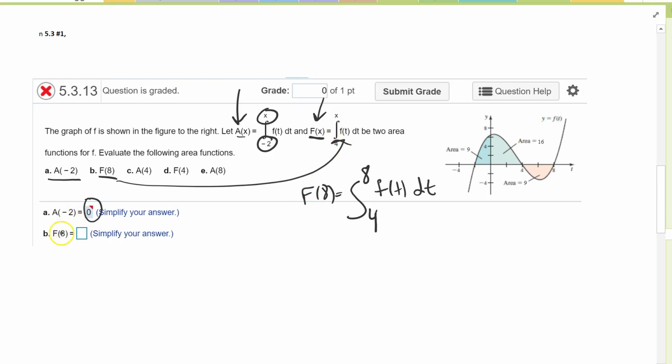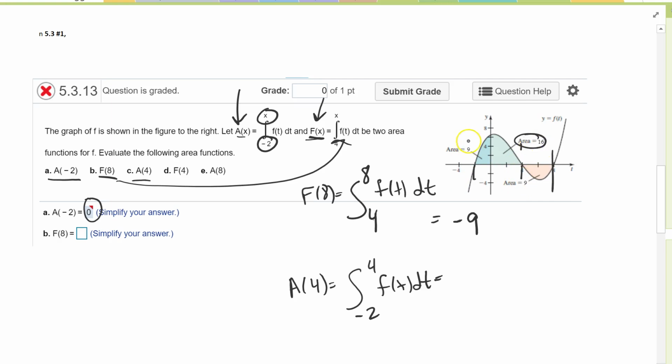So here, f of 8 means I'm using this one. F of 8 goes from 4 to 8 of this function. So I'm looking at this area, which would be -9. And then a of 4 would be the integral from -2 to 4 of f of t dt, which is going to be the integral from -2 to 0 of f of t dt plus the integral from 0 to 4 of f of t dt, because that's what's given.